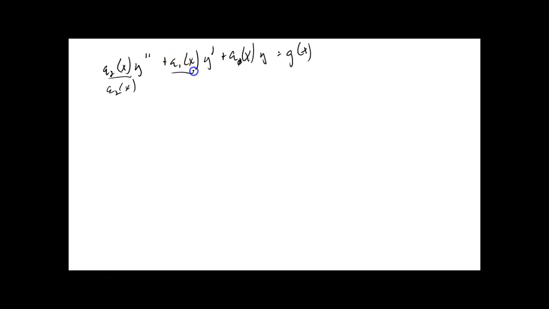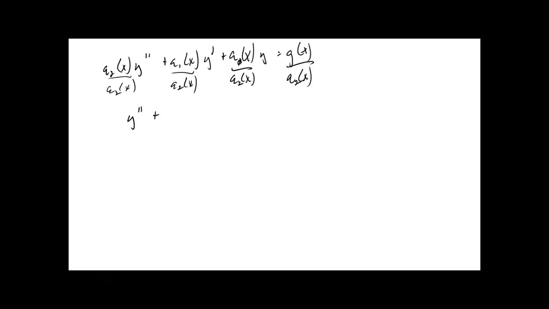So we'll divide this one by a2 of x, we'll divide this one by a2 of x, and we'll divide this by a2 of x, because a2 of x is not 0 for any value of x. So that's legal to do. Now we have a form that's y double prime plus, let's give that a new name. It's just a function of x.